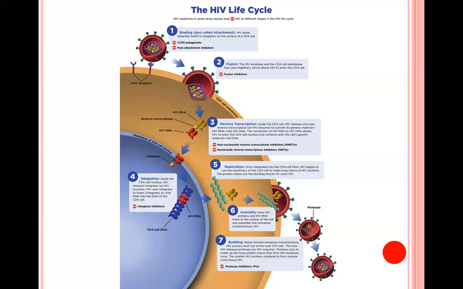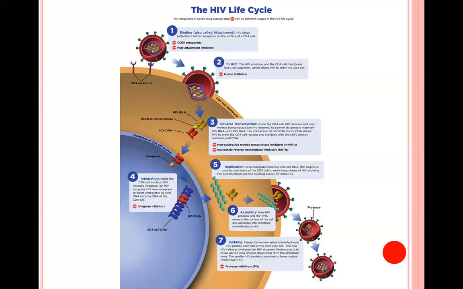The protein chains are the building blocks for more HIV. So you can't have more HIV virus unless you have these building blocks. Then number 6, and notice there's no stop there, at least not here. And I don't know if they've made a new medication, but this was a pretty recent figure. So anyway, from there it'll go to 6, which is the assembly.